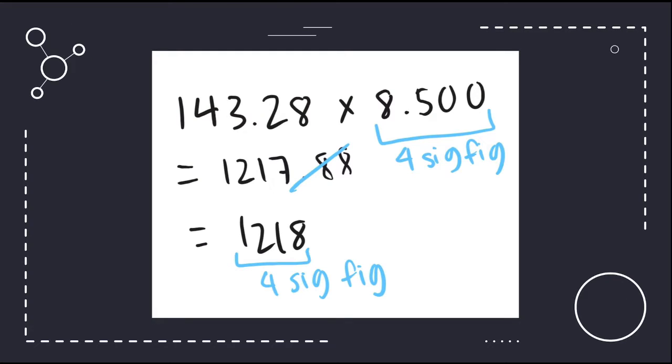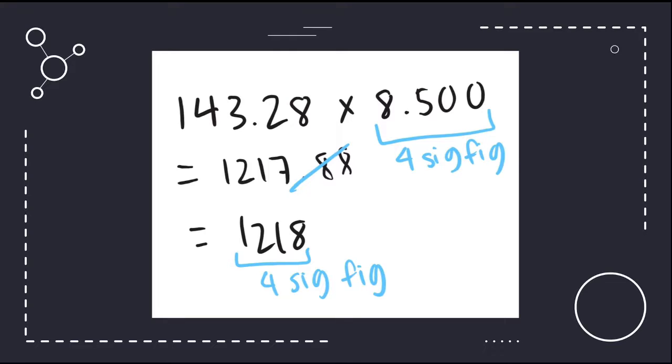Here's another example. 143.28 multiplied by 8.500. So 8.500 is 4 significant numbers because zeros after decimal points always matter and they are always significant. So just multiplying regularly would be 1217.88.